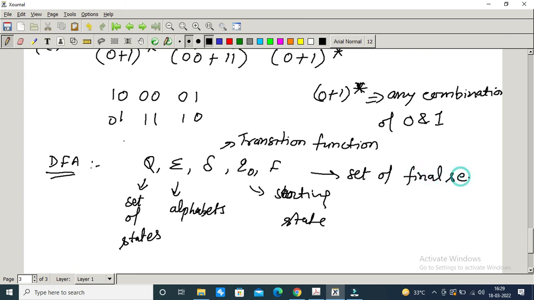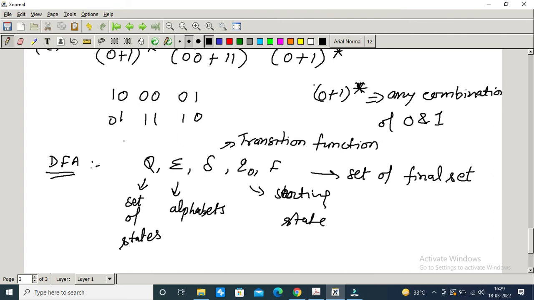So in order to solve this given question, because we have to draw a machine which is your DFA, you must know the concept of DFA, a deterministic finite automata. If you don't know what a deterministic finite automata is, you can't solve this question.